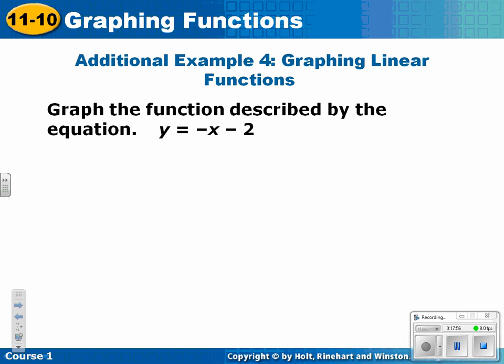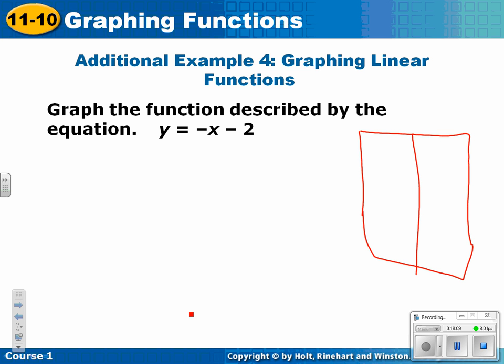The first thing we need to do is find an x and a y value for each. So we are going to make a little chart here, a little table. Actually, I'm only going to do 3.